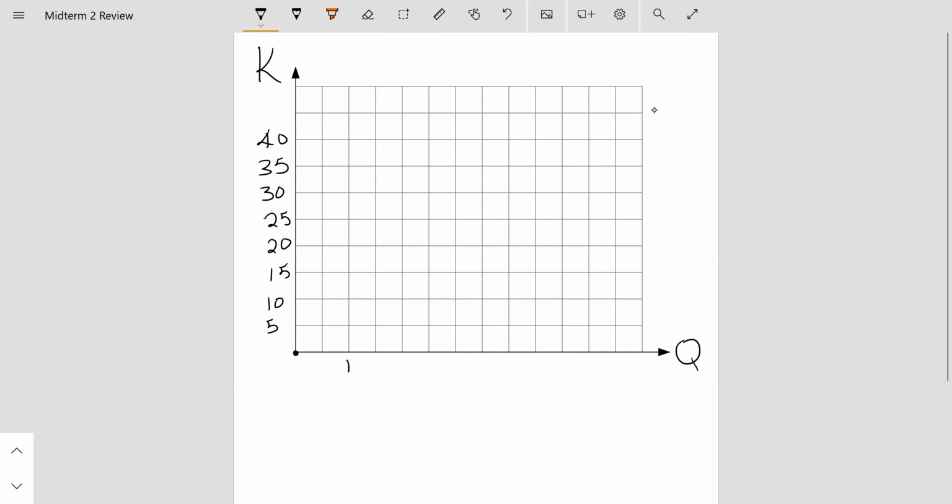And then 1, 2, 3, and 4. Okay. So 0, 0, 1, comma 15, 2, comma 25, 3, comma 32, and 4, comma 35. Let's see if I can draw this.